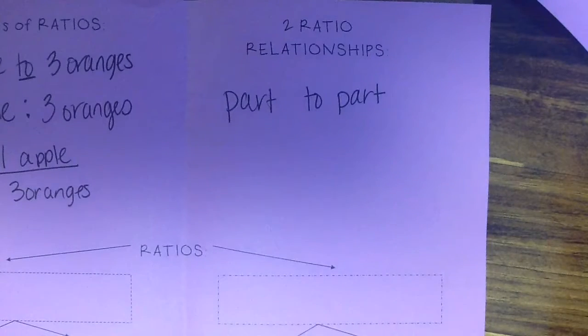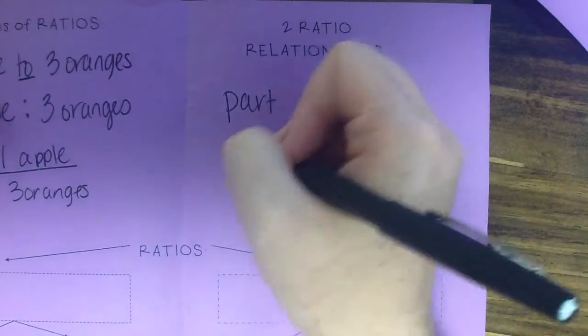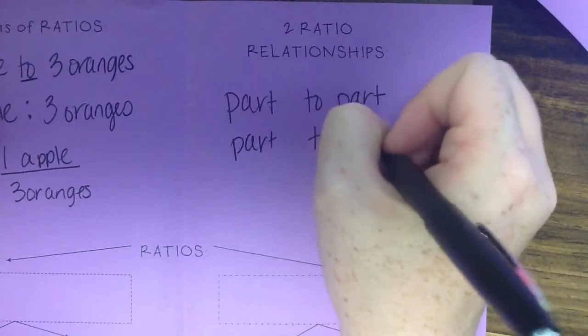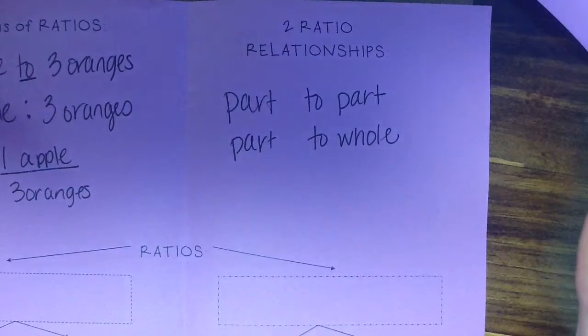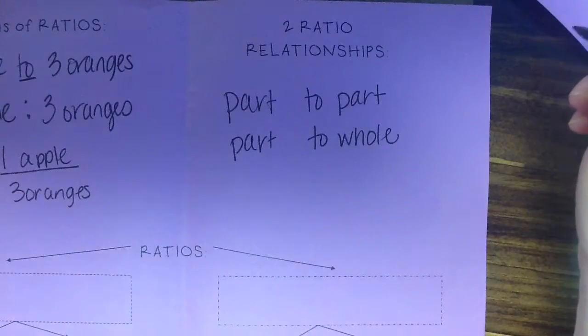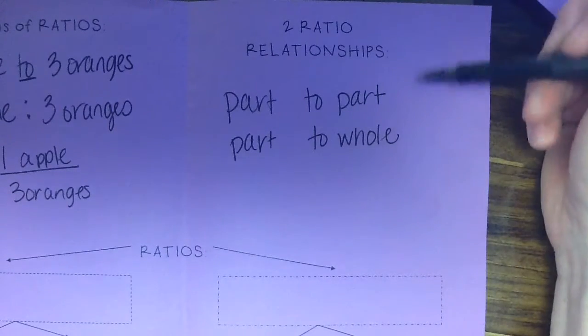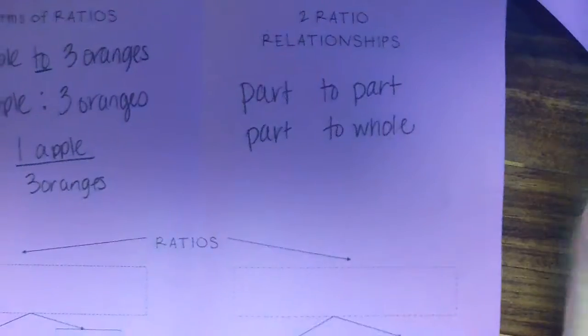Okay, and that would be like the apples to oranges. And then the part to whole relationship is the second one, and that would be like 1 apple to 4 fruit, so it gives you a total, okay. So part to part and part to whole are your two ratio relationships, okay.